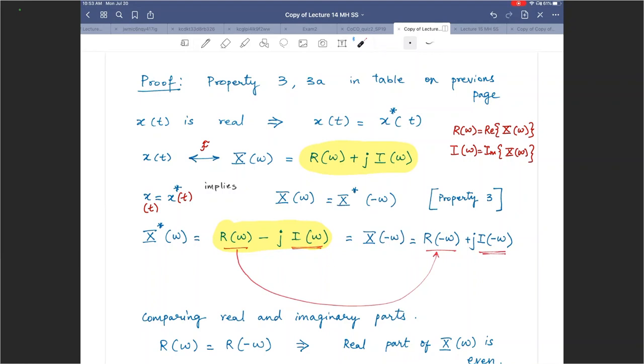If you did a minus omega substitution instead of omega, this is going to go to minus omega here, and this is going to go to plus omega there. Because we already have X complex conjugate of plus omega, we can equate that to X of minus omega. So this goes here.